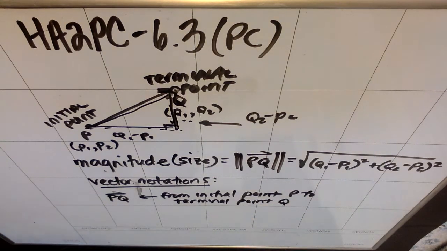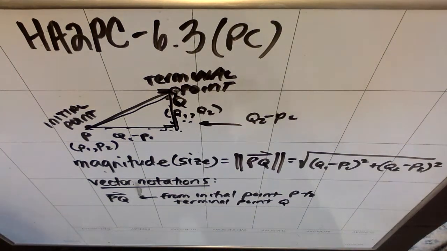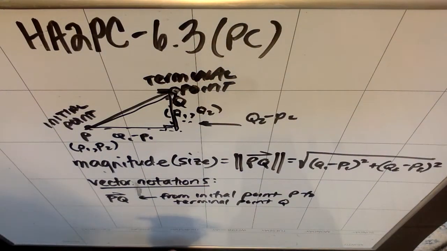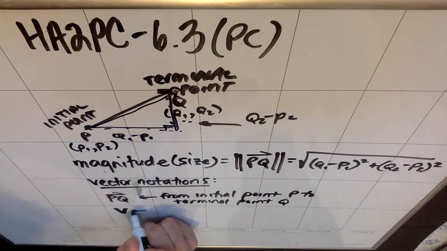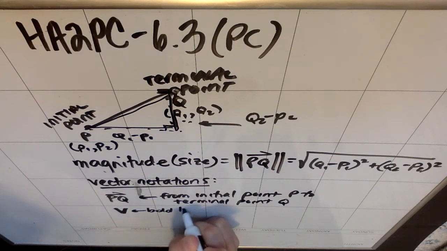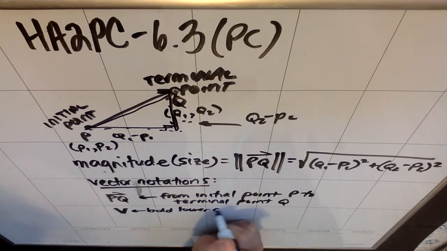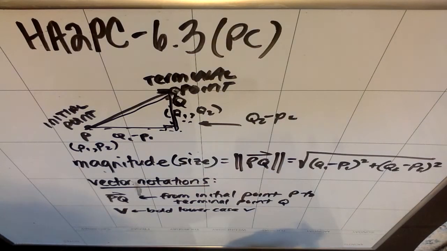Now, another way to write it is in what we call standard position, and we're going to talk about that more in another video. But if we want to write something as just a vector v, we can. When we write it as just vector v, there are two ways to write this. In a textbook, you're going to see this as a bold, lowercase v. But realistically for us, that doesn't make a lot of sense when you're handwriting things.